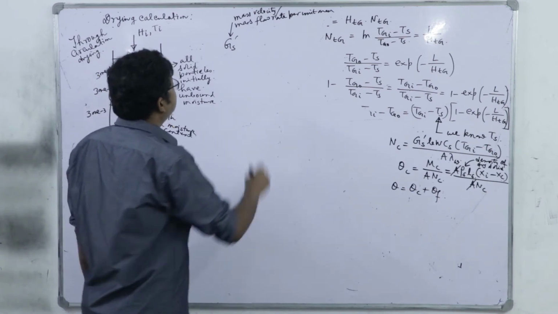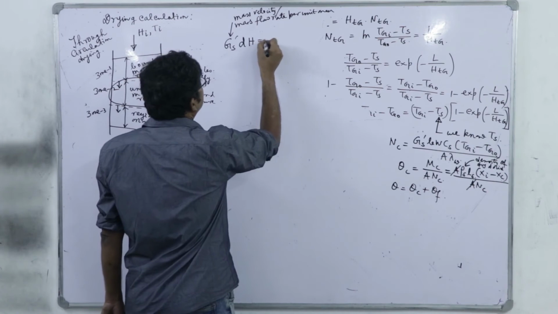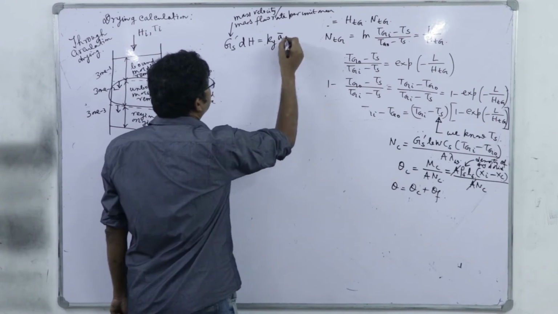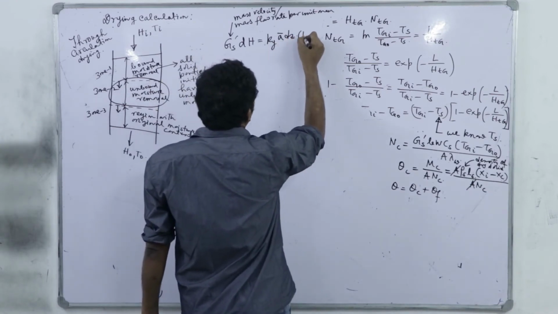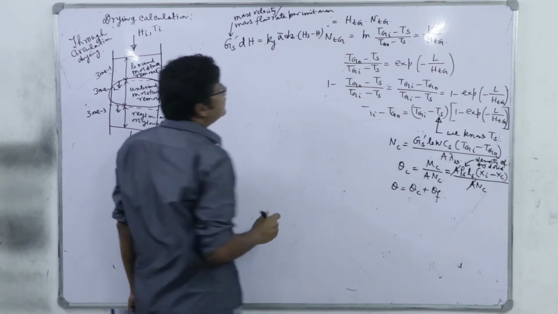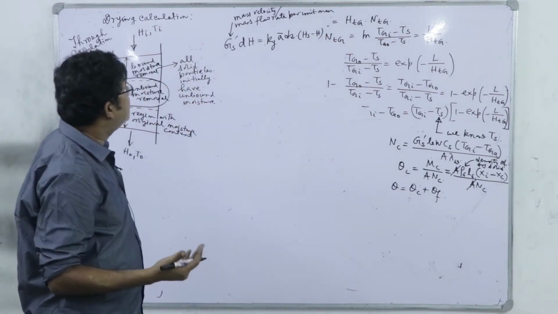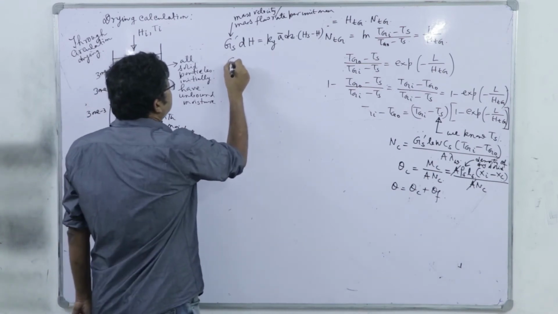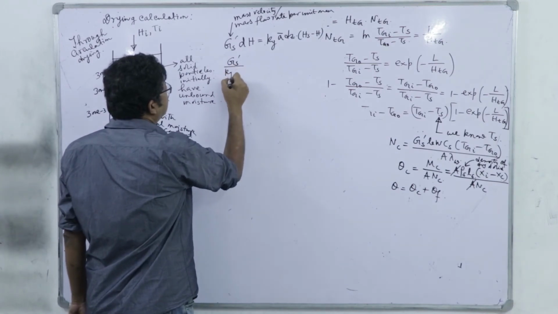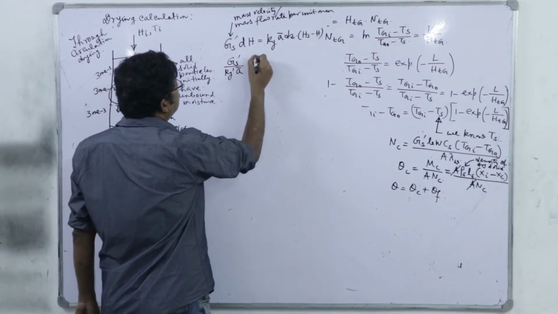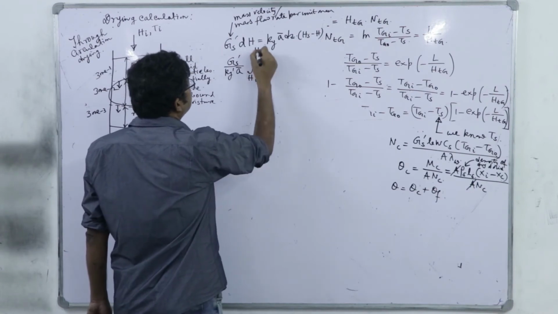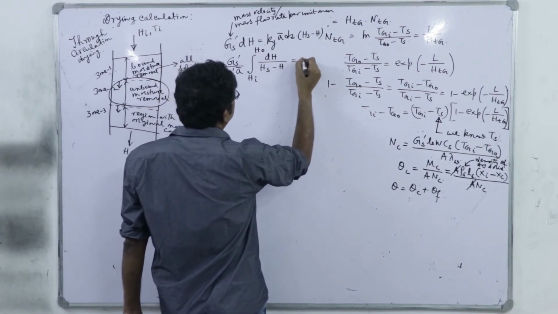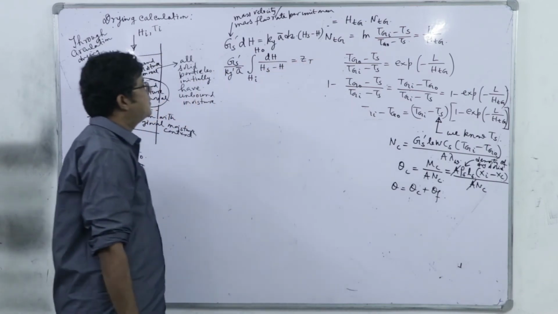So, Gs prime into dH will be equal to Ky into A bar, which is the available surface area for drying, dz into Hs minus H. Just like a stripping kind of operation, right. So, Gs prime over Ky prime A bar, integral Hi to Ho dH divided by Hs minus H, is equal to the total height, right.